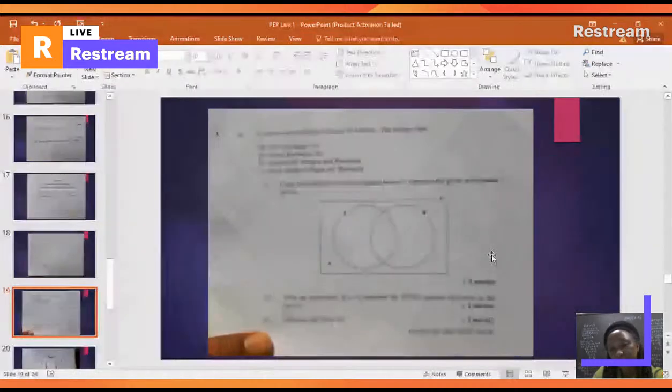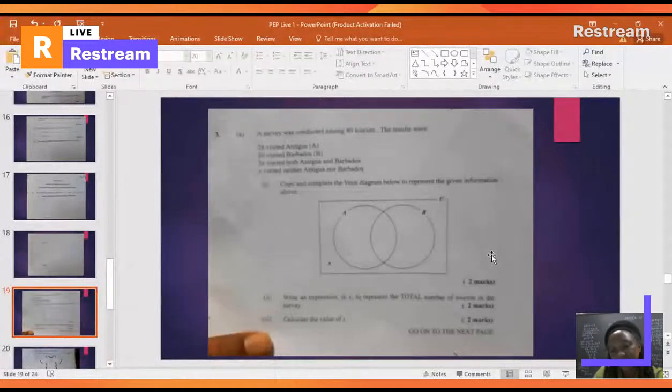The results were: 28 visited Antigua, 30 visited Barbados, 3x visited Antigua and Barbados, and x visited neither. So they want us to show that on the Venn diagram.